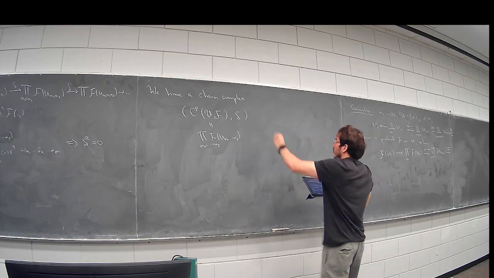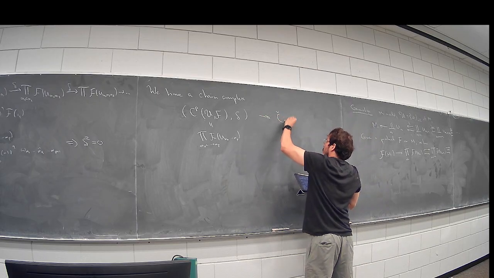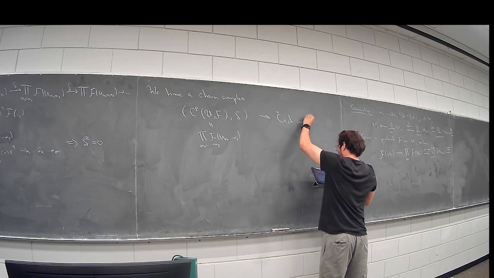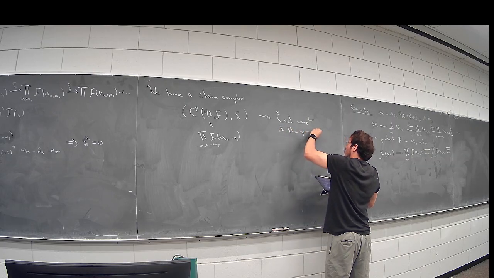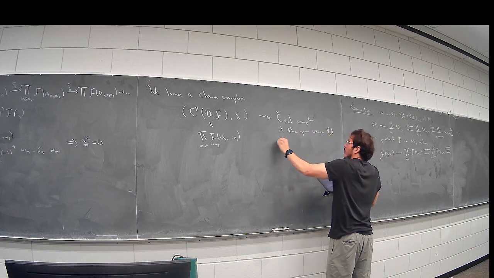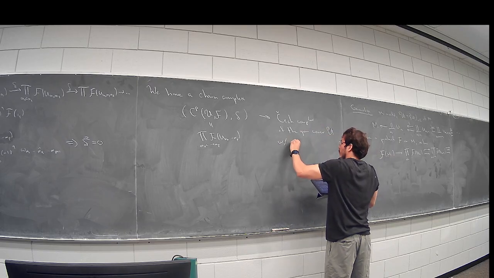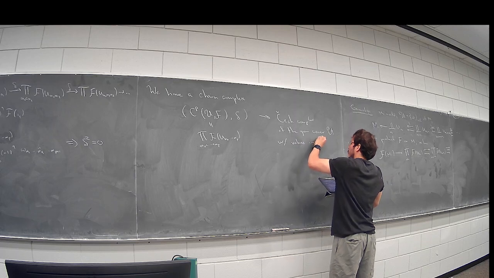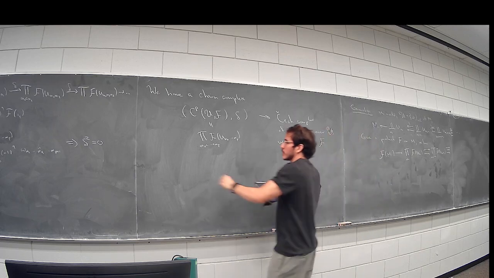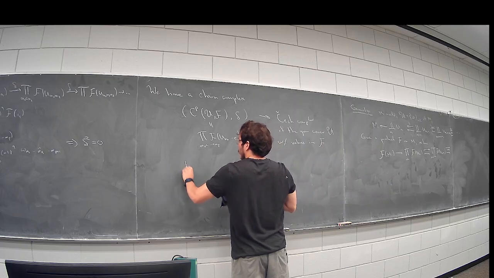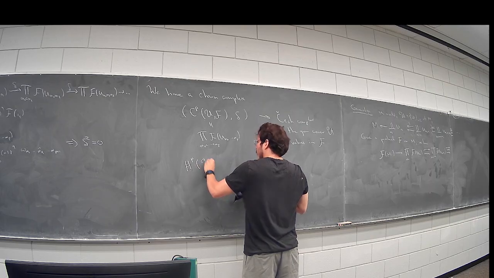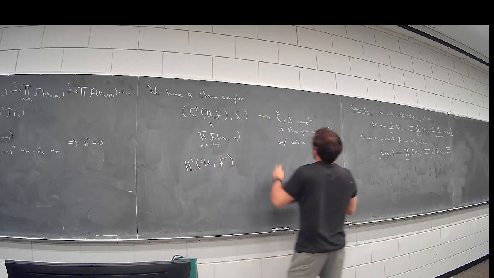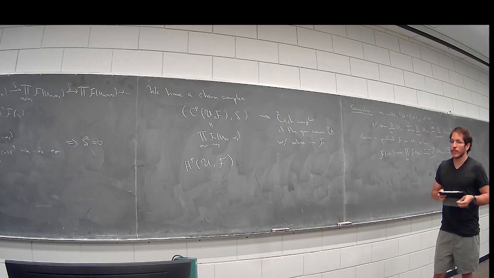And this is the Čech complex of the open cover U with values in the presheaf F. And I can look at its cohomology, which is going to be H^P of U comma F, which is the Čech cohomology of the open cover U with values in F.